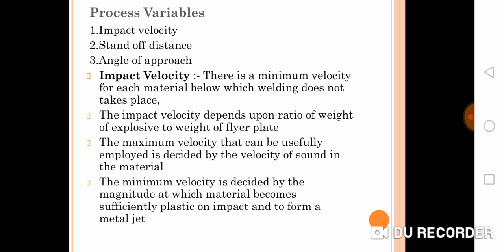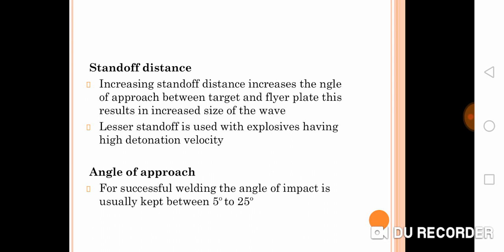So the minimum velocity should create enough deformation. That is why the minimum velocity is decided by the amount of plastic deformation on impact and to form the material jet.